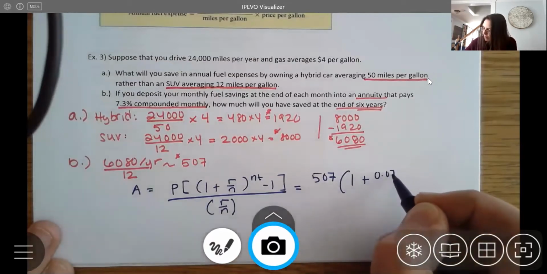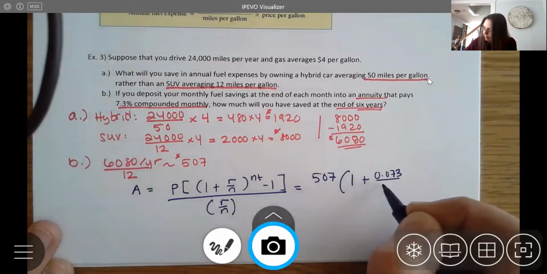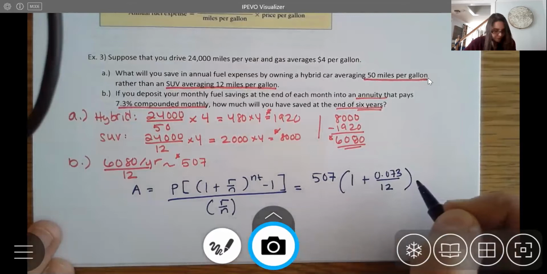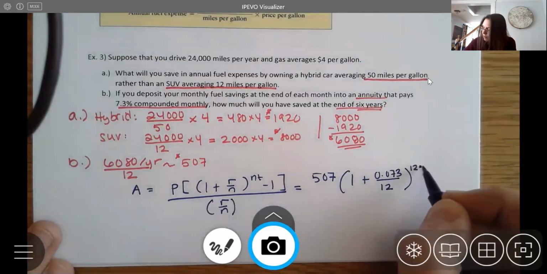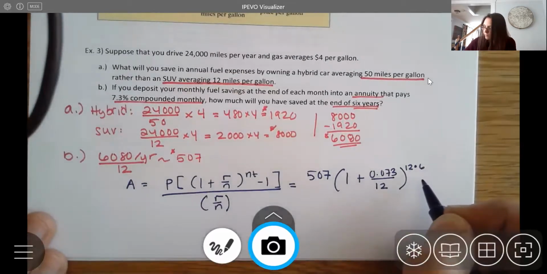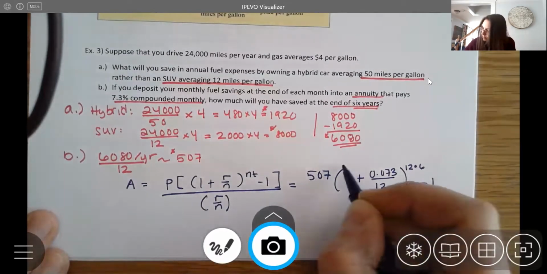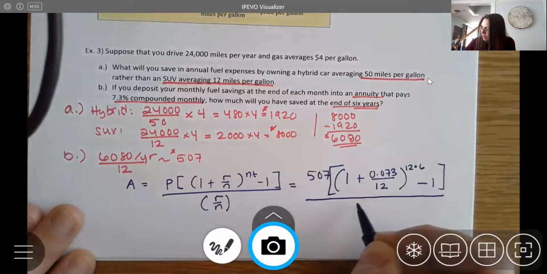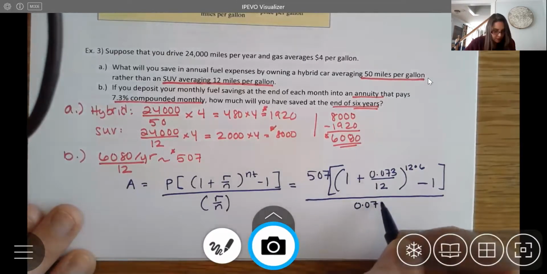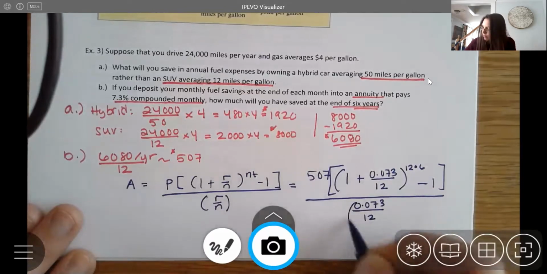And my rate is 7.3%, so 0.073. And again, N is going to be 12 because we're doing this monthly. Let's see, I have N is 12, and I'm going to do this for 6 years, minus 1. And then again, down here, I have 0.073 divided by 12.